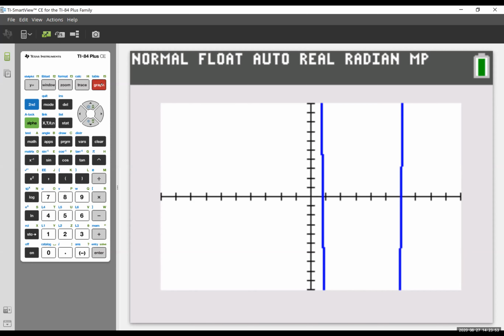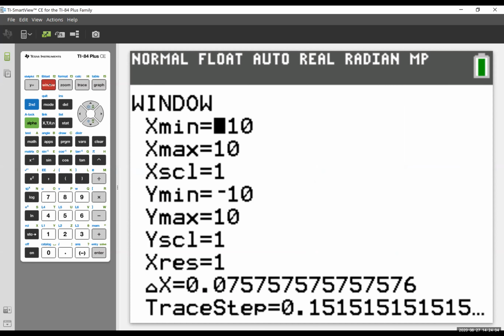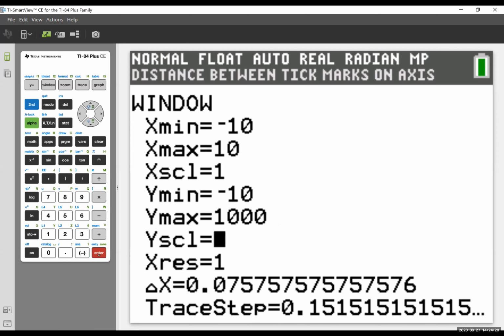So if I already know y could equal 300 or 700 cubic centimeters, I may go to my y max, right now it's only at 10. I definitely pick a number above 700, so just to be clear, maybe I'll do 1,000. You could try 800 if you'd like. If you only pick 700, you may not see the entire screen. So let's graph and see what we see.